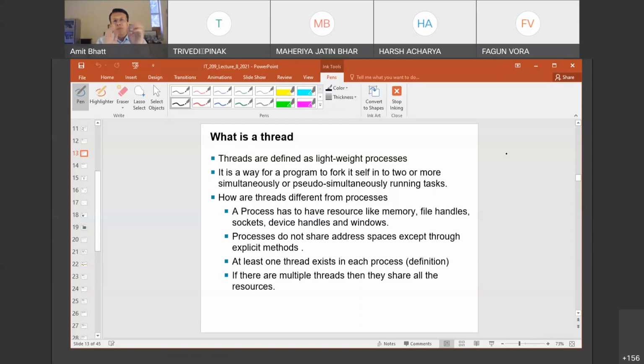So processor core 1 might be reserved for, say, operating system use. Core number 2 might be used for download. Core number 3 you might be using for, say, a C program or C++ program which you are executing, and core number 4 might be used for something else. Now that is coarse, and that's parallelization at application level.